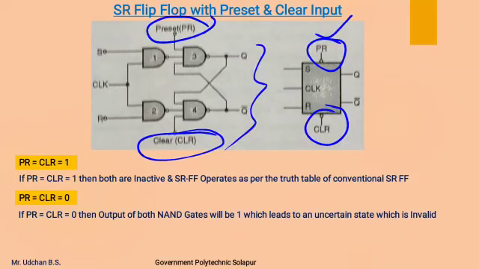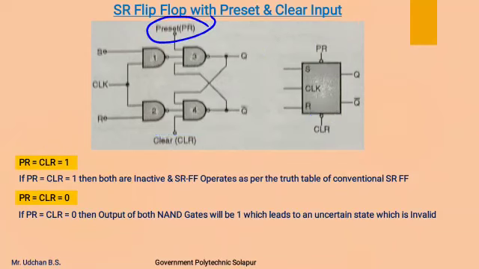When preset and clear are both 1, meaning both are inactive, as both inputs are active low, then the SR flip-flop operates as per the truth table of the conventional SR flip-flop, as we studied in the previous lectures. When preset and clear are both 0, then Q will become 1 and Q complement will also become 1.